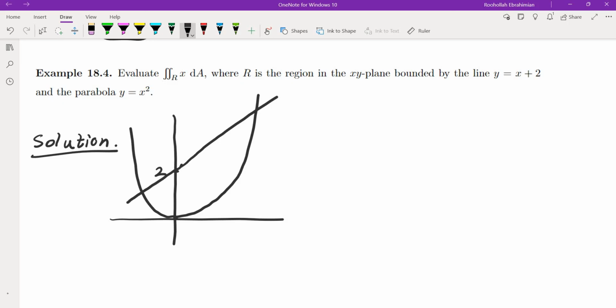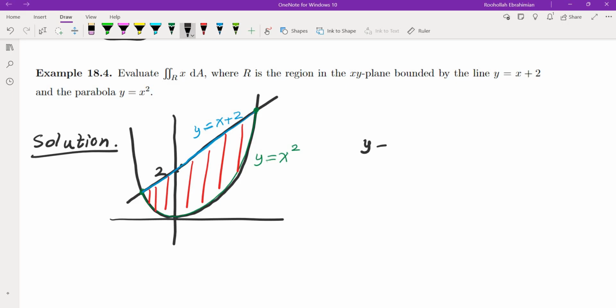Now, if we look at this region, we do have constants on the sides, and the top and bottom are functions of x. So the bottom is y equals x squared, and the top is y equals x plus 2. So this one is a vertically simple region. And we have to find the intersections.